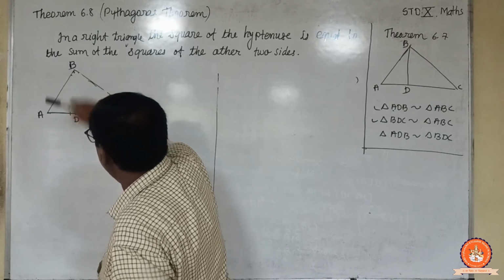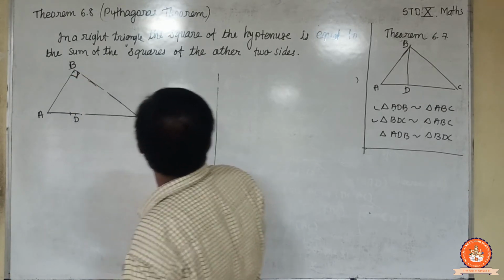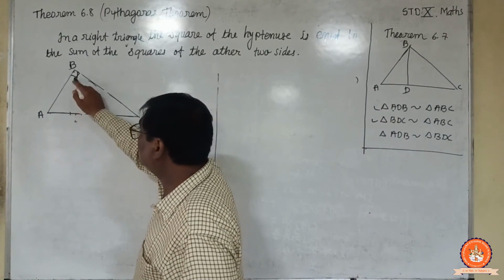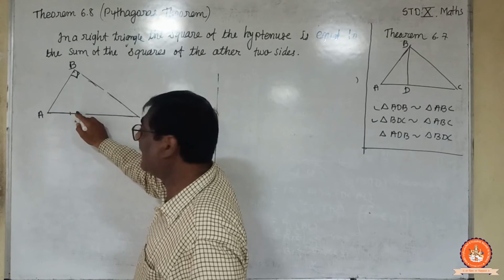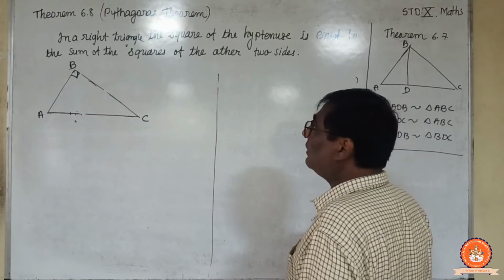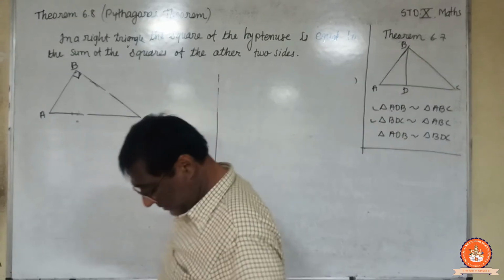In a right triangle, the square of the hypotenuse, see, opposite side of a right angle is the hypotenuse. So square of the hypotenuse is equal to the sum of the squares of the other two sides. Okay.